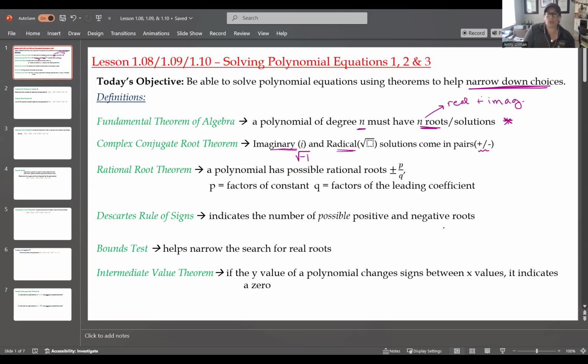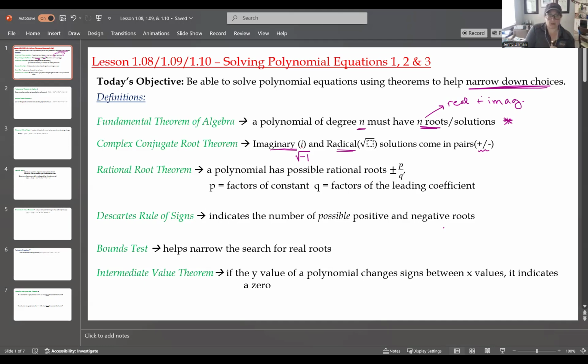All right. So now these last four here, and this is what we're really going to spend a lot of time with, are all of these theorems or rules that will help us narrow down our search. Okay, so the rational root theorem tells us the number of possible real rational roots.